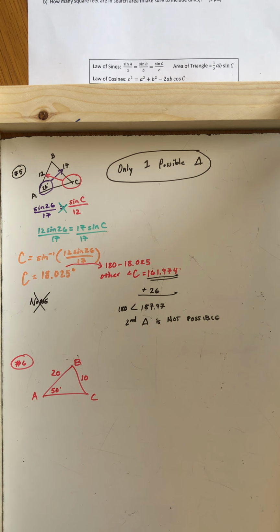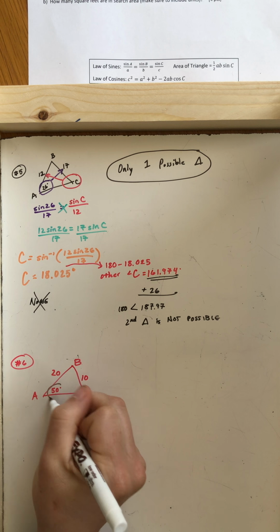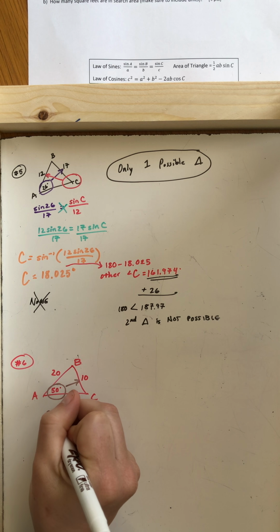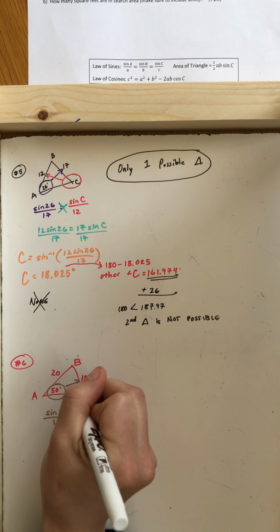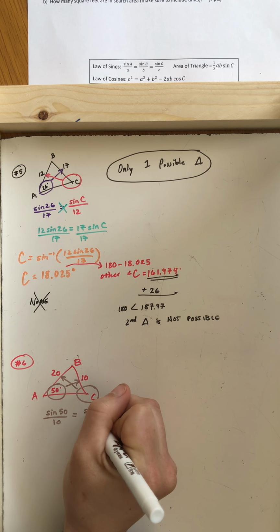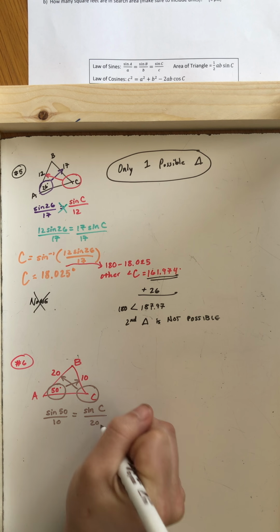Now I need to determine, again, how many possible triangles are there. So I'm going to set up my law of sines. So sine 50 over 10 equals sine of big C over 20.